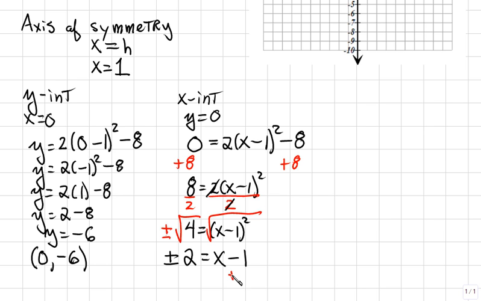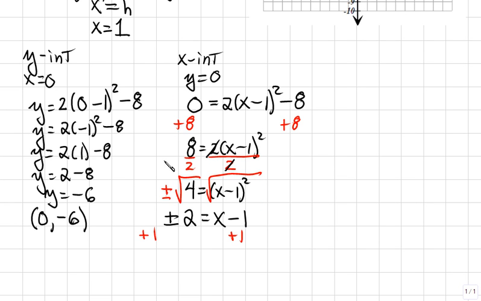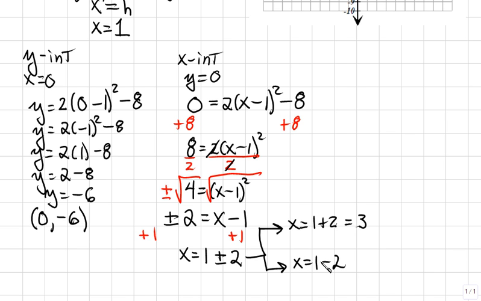And last, we'll add 1 to both sides, writing the add 1 in front of the plus or minus. So, writing this properly, x equals 1 plus or minus 2. We see that there's two answers. Either x equals 1 plus 2, which is 3, or x equals 1 minus 2, which is negative 1.